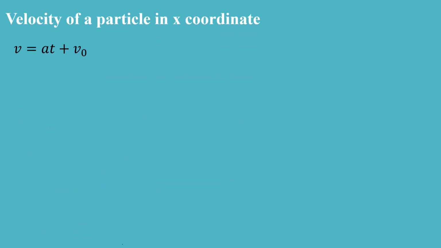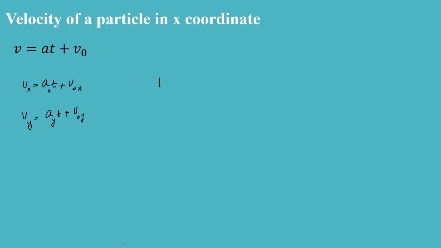Let me show you another example about the velocity of the particle. So here you can see the x velocity of a particle in the x coordinate. And this time I'm going to write it down in 2 coordinates. So let's say I have Vx. It's going to be a_x t plus v naught x. And then I have Vy, which is going to be a_y t plus v naught y, right?